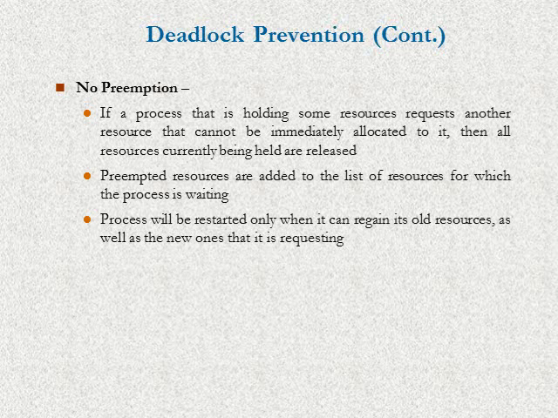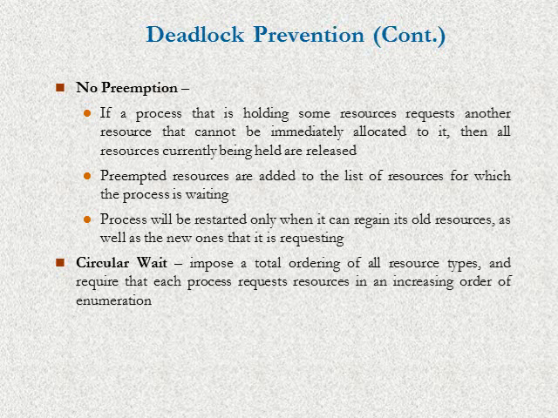So in this way, a process will only start its execution again once all the resources, including the old ones as well as the new one, are free, and we can allocate all of those resources to this process immediately. So in this way, the third condition of non-preemption can be achieved.